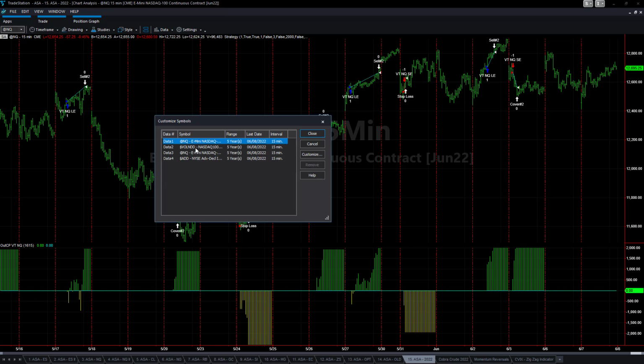September. U is September 2022. $ volume NDD is one of the data series that you use here, and that requires a Nasdaq data subscription. Nasdaq equities @NQ 15-minute bars is used as well in data 3, and advanced decline line on the New York Stock Exchange is also used.